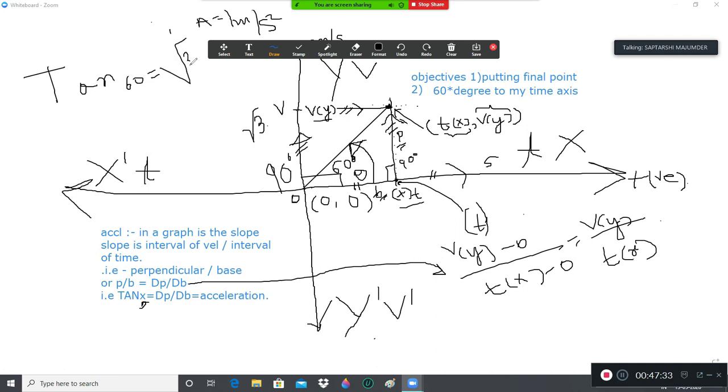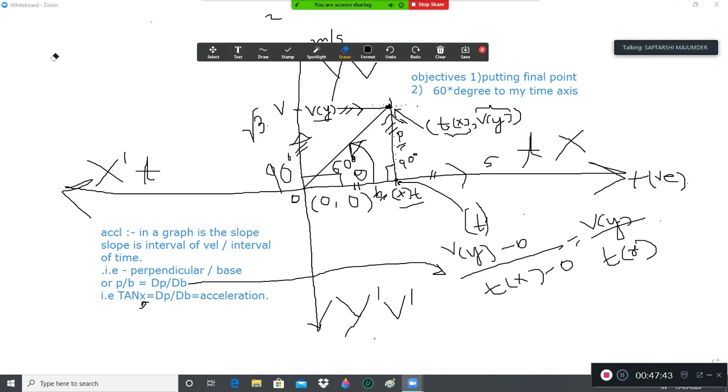So I'm coming to the conclusion that the answer, acceleration, is root 3 unit square.